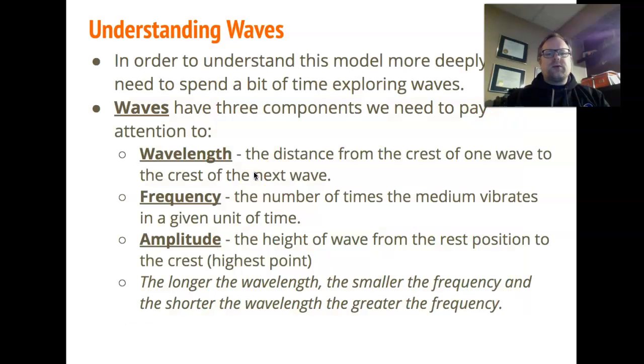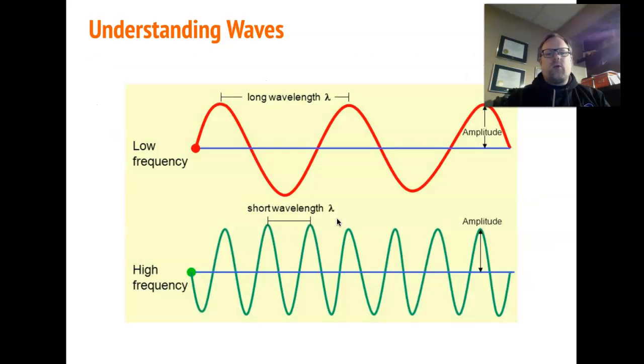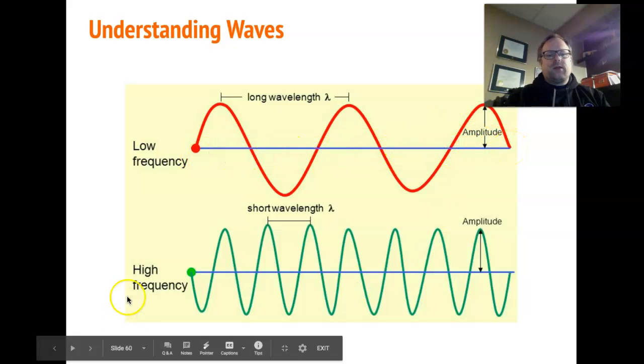And then the other thing to understand is frequency. Frequency is the number of times the medium vibrates in a given unit of time. And the way I want to look at this is frequency is how many full waves we are getting per second. Let's imagine that this blue line that goes across here represents 1 second. Same with this one. This also represents 1 second.